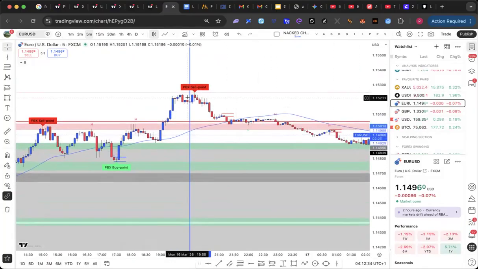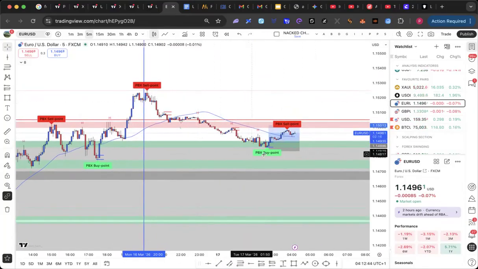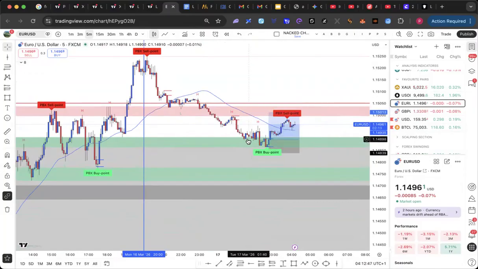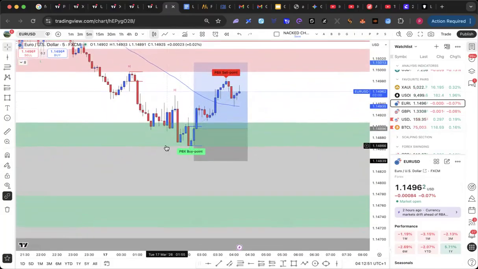So going back to 5 minutes, you see the sell here, you have sold. Then you are targeting the market to return back to the breaker block or to get to the other block as the case may be. So what we have here on 5 minutes, the market got to the breaker block and we have a rejection.